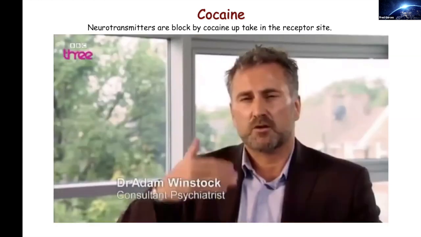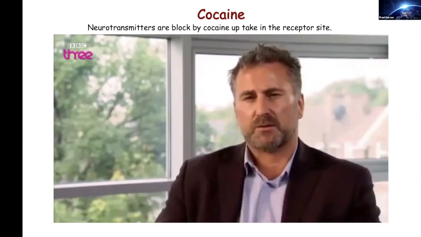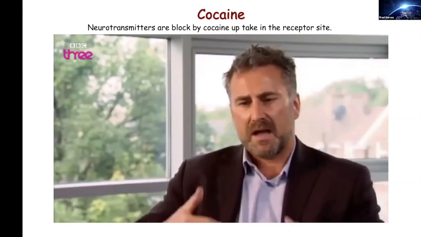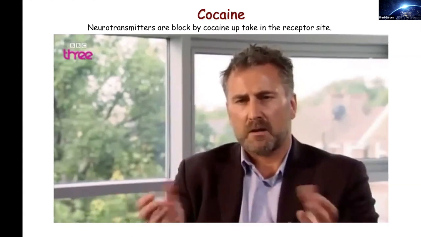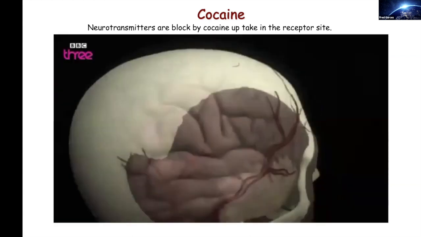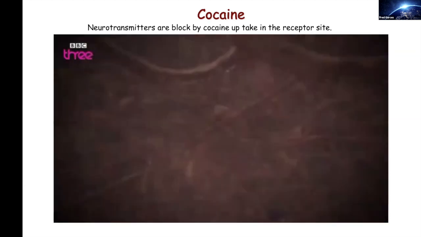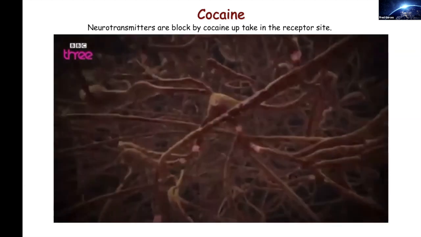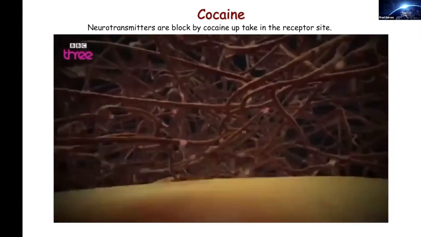And what that does is it mops up dopamine that sits in the space between two cells. And if that reuptake is blocked, what you get is an awful lot of dopamine floating around this space. The flood of dopamine sends the feel-good network in the brain into overdrive, producing a sense of euphoria and self-assurance, making the user more animated and talkative.